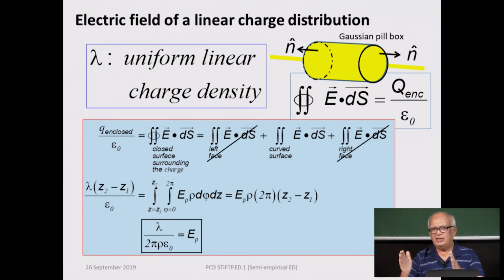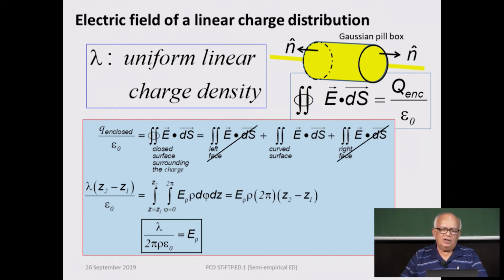The two flat faces will have a unit normal pointing one way at one face and exactly the opposite way at the other, and by symmetry these contributions will be equal but in opposite directions. So, the E dot ds term on these faces will cancel each other, and you just have the integration over the curved face.